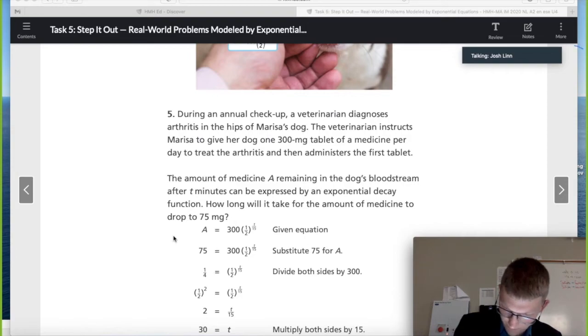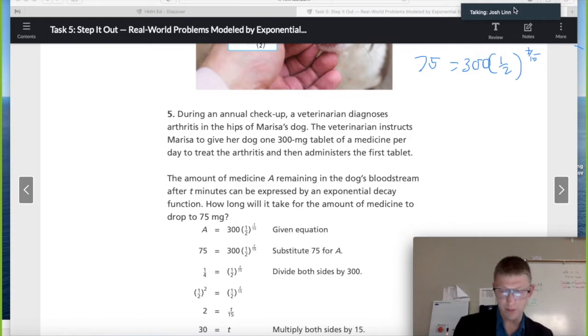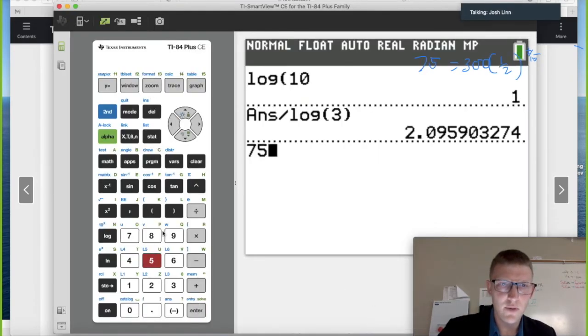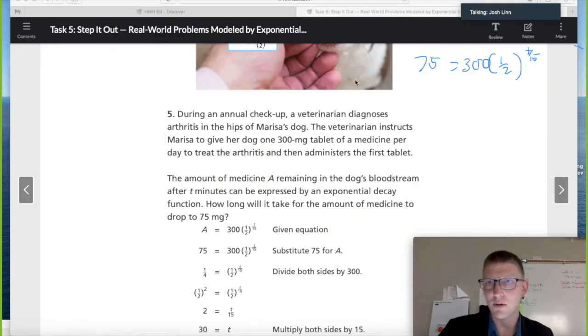So we've got 75 equals 300 times 1/2 raised to the power of t over 15. Just like we did before, we're going to start by doing some simple algebra, divide by 300. So 75 divided by 300 is 0.25. Let's keep that as a fraction for now, just because we already have one fraction over here.